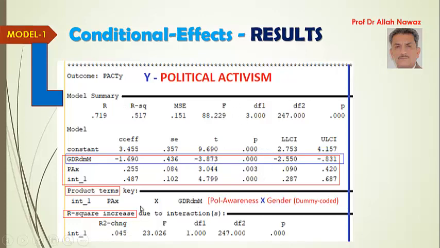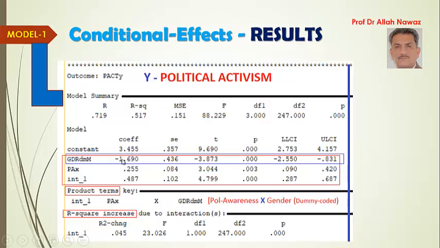The p value is also 0.000, less than 0.05, and both the lower and upper limits of the confidence interval have minus signs, therefore showing that there cannot be a 0 between the range. So all the supporting statistics are confirming that gender has a significant effect on political activism.